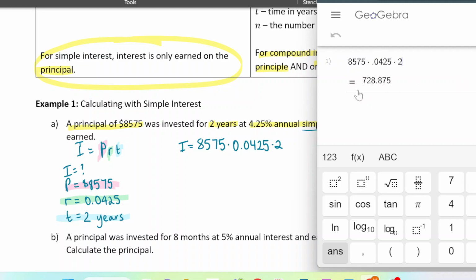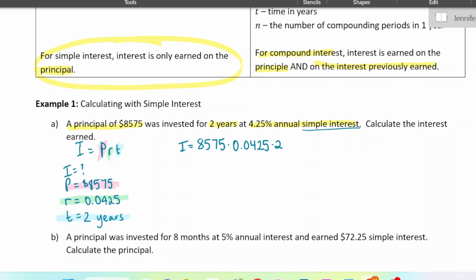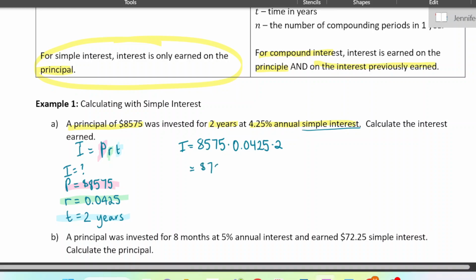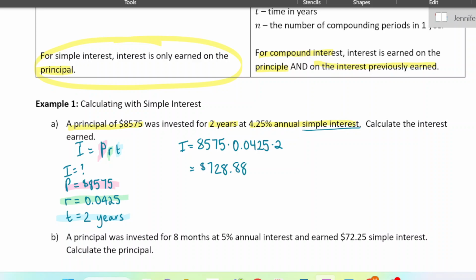And you see here we have to round this off because money is always given in 2 decimal places. So this is going to be 728.88. Always round to 2 decimal places for money. And I'm going to box that in because that is my final answer.